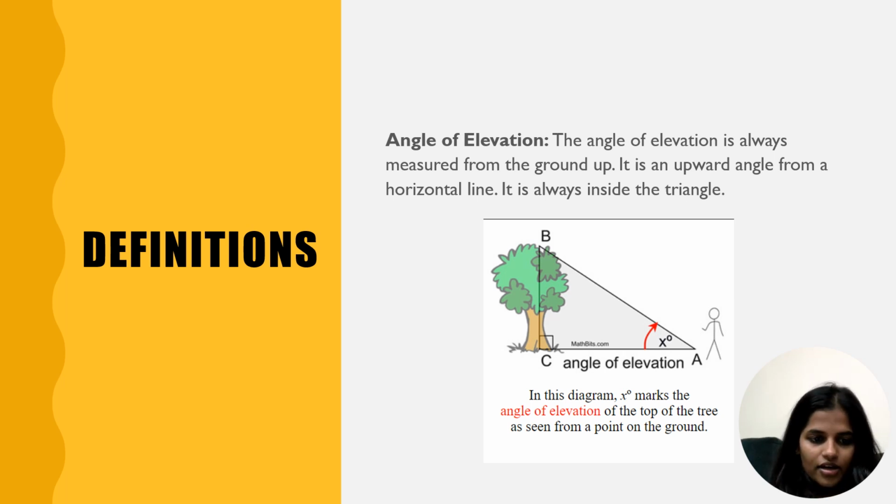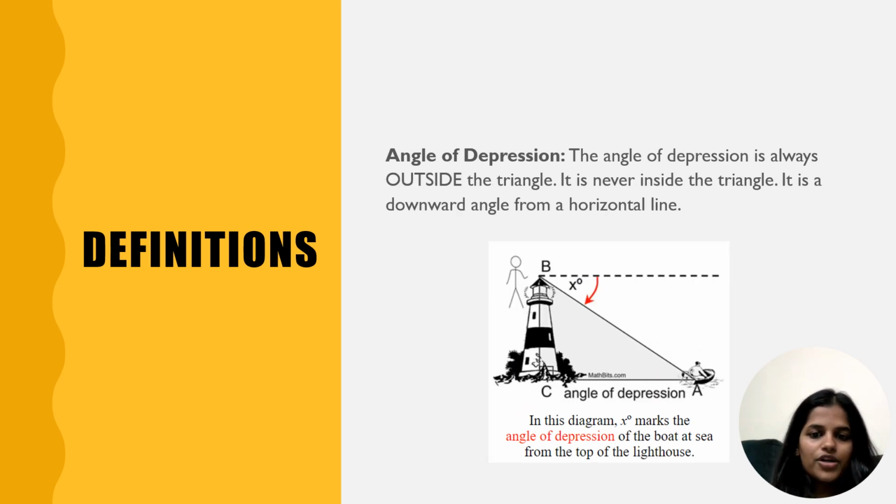On the other hand, the angle of depression is measured downward from a horizontal line. It's when you are standing on a cliff and looking down at a boat in the water.